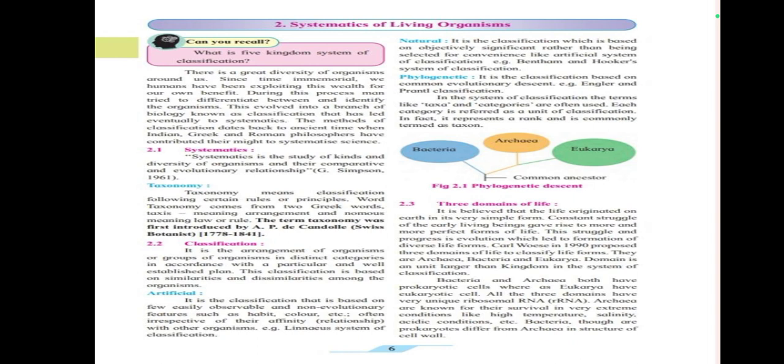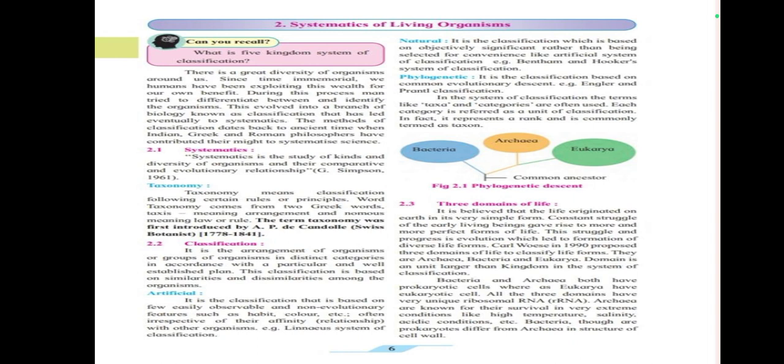Biology 11th Maharashtra State Board, second chapter: Systematics of Living Organisms. There is a great diversity of organisms around us since time immemorial, where humans have been exploiting this wealth for our own benefit. During this process, man tried to differentiate between and identify the organisms.